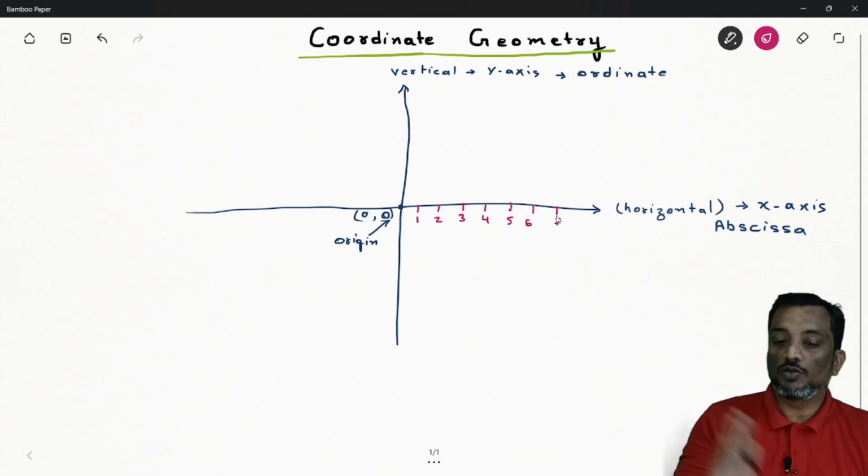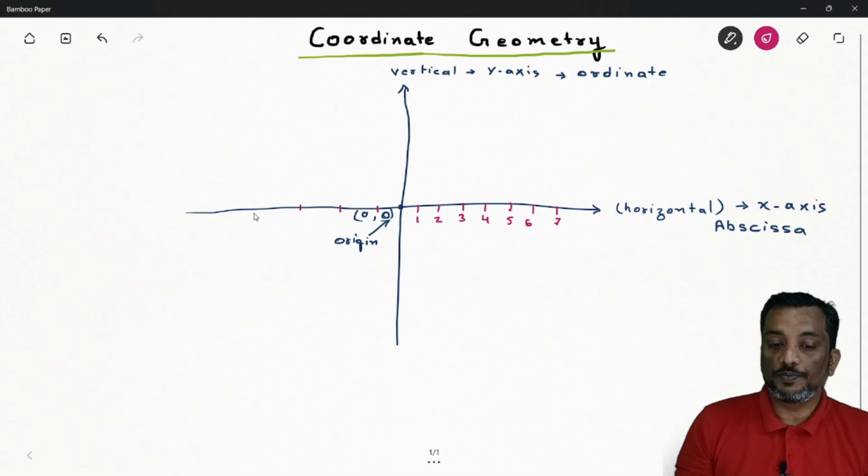And from the origin to the left side, all the points are negative: -1, -2, -3, -4, -5. And this is your origin.